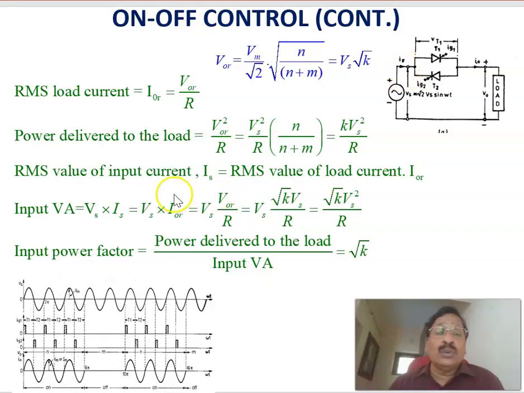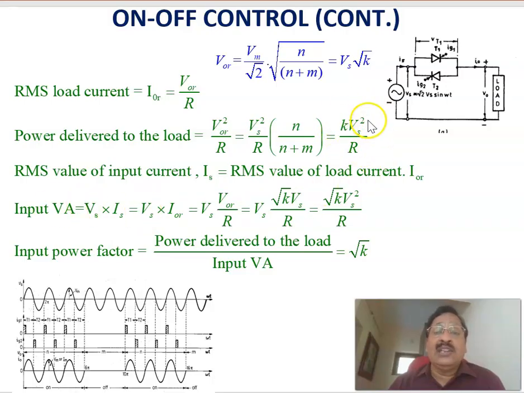The RMS value of the source voltage is Vs, and the RMS value of the source current is the same as the RMS value of the load current, which is Vs into root k divided by R. Therefore, it is root k into Vs squared divided by R. So, this is the apparent power, that is input VA, and this is the active power.